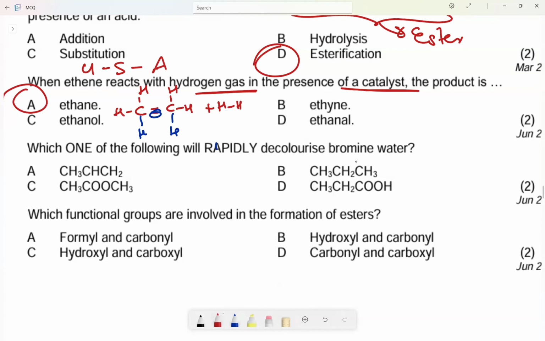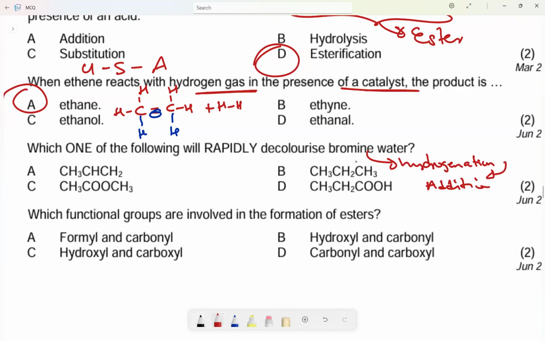How interesting is that? Which one of the following rapidly decolorizes bromine water? This is what we refer to as bromination. Bromination occurs when we have an addition reaction.